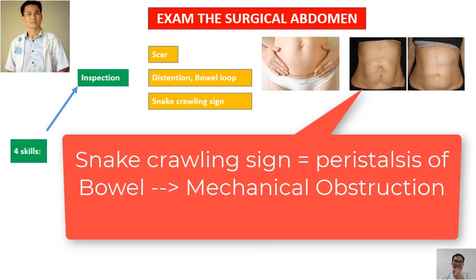Snake crawling sign. This sign refers to the visible peristaltic waves moving across the abdomen, suggesting intestinal obstruction. The sign is particularly important in diagnosing mechanical obstructions.